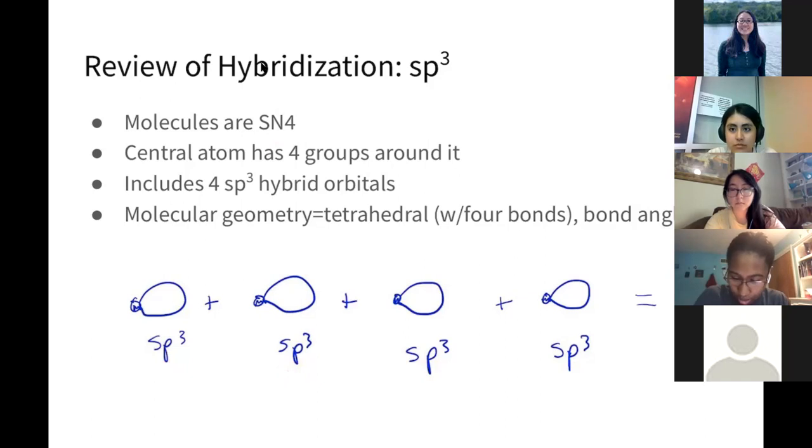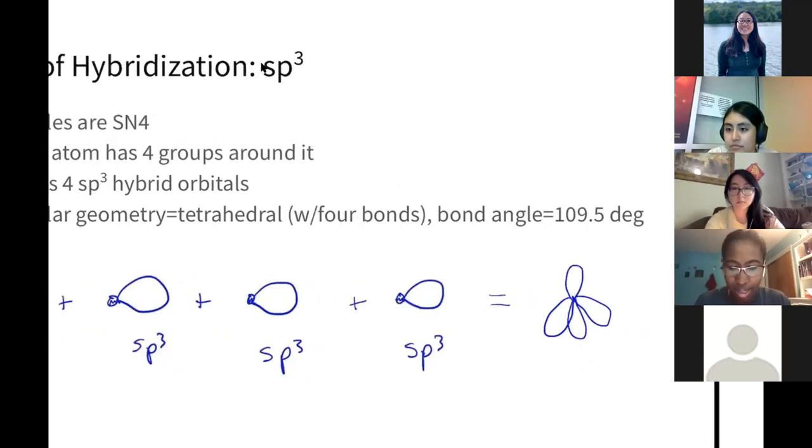So it looks kind of like that. And again, as you might expect, the molecular geometry is tetrahedral if there are 4 bonds. And the bond angle, if you have 4 bonds, is 109.5 degrees.